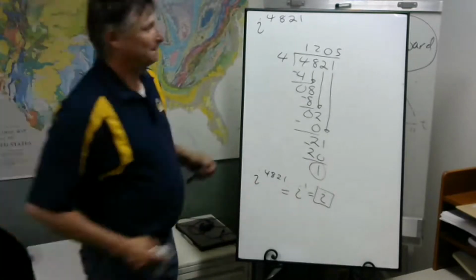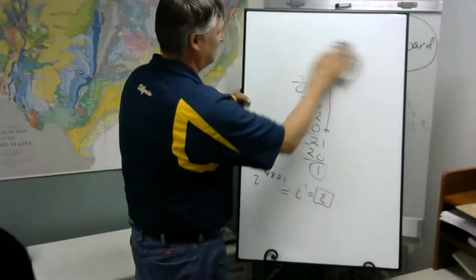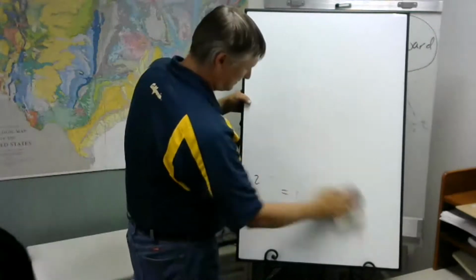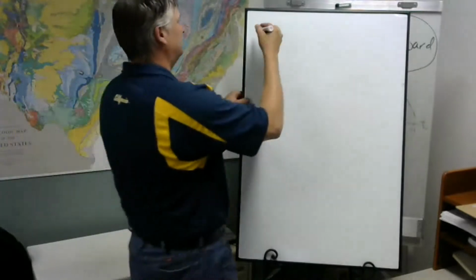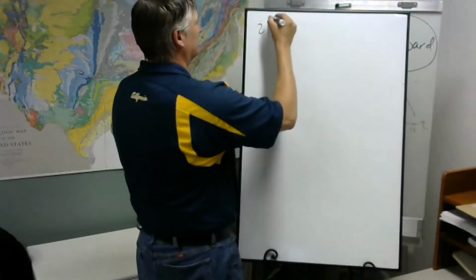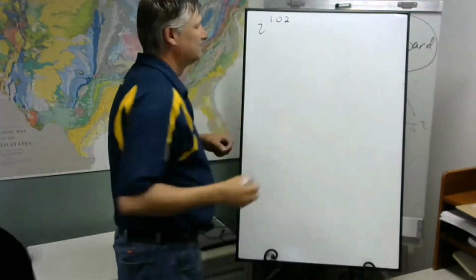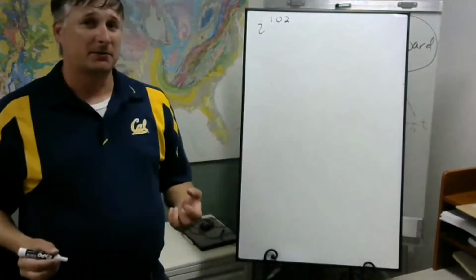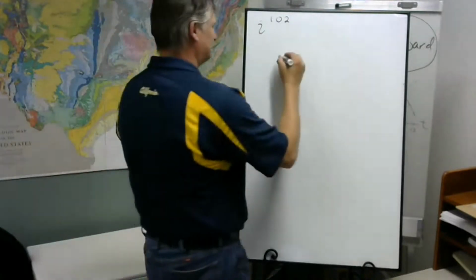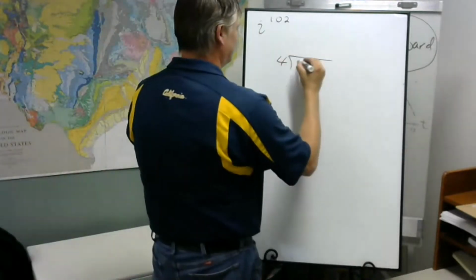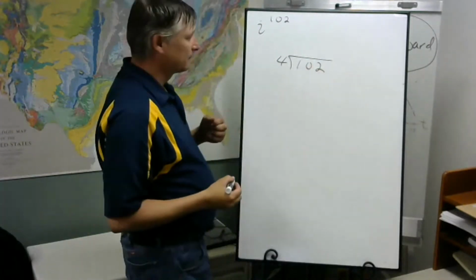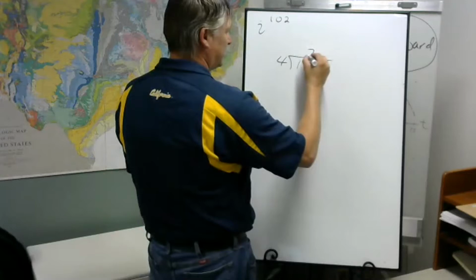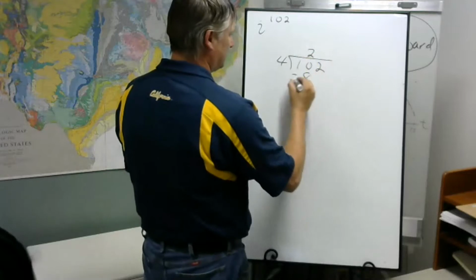Let's do one more. i to the 102. Again, always divide by 4. 4 goes into 10 at most 2 times. 2 times 4 is 8.